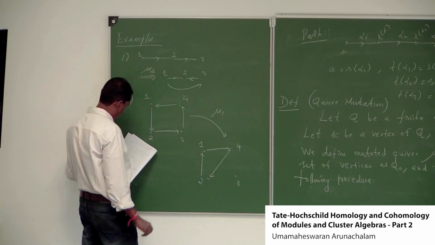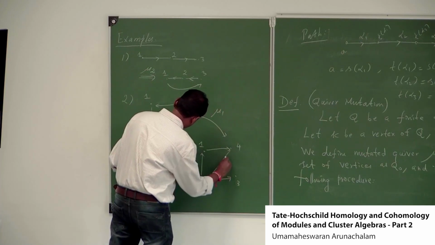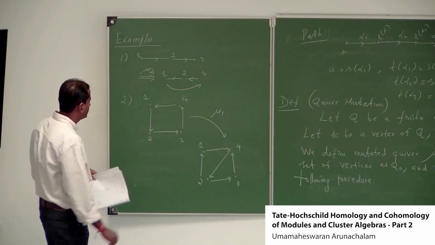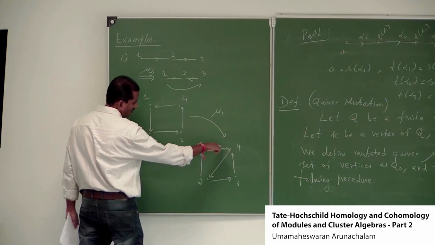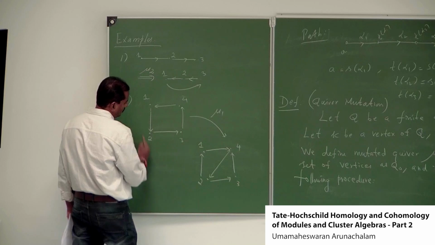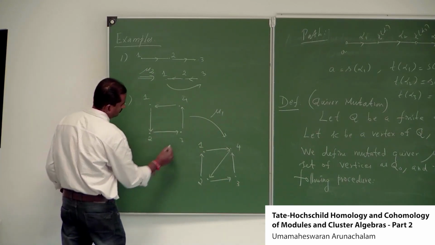All other arrows are the same. Again, if we take mu1 from this diagram, we will get the original one. You can verify this, that means this is if and only if.